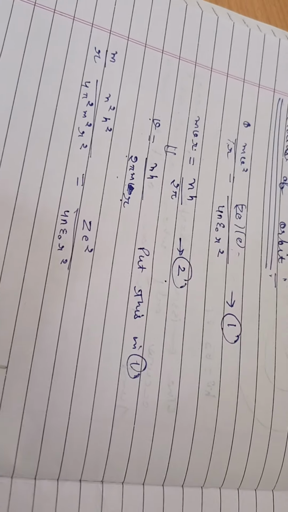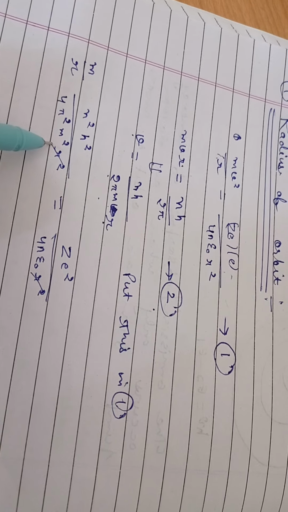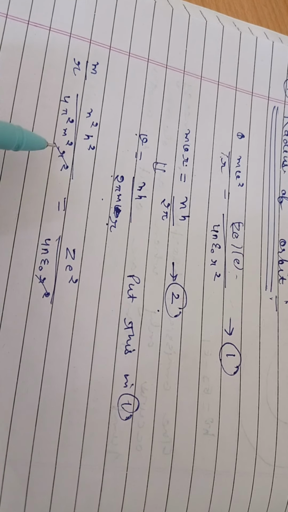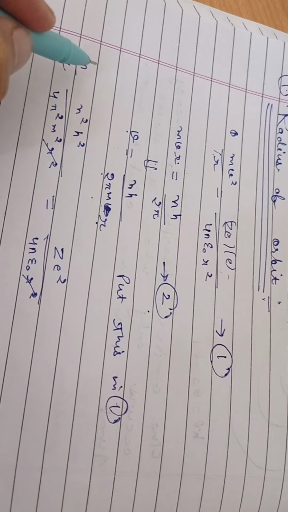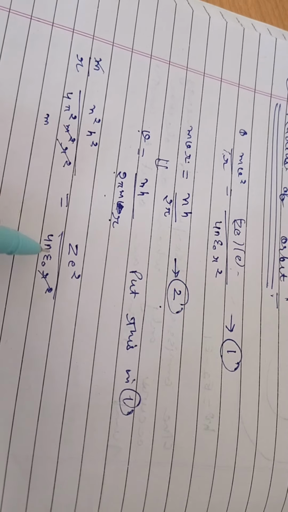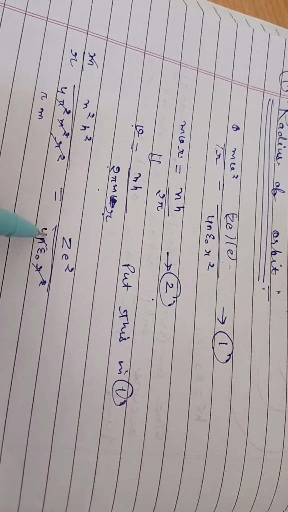Now cancel r square with r square. Here there is again another term which you can cut: m with m square gives m. Cut pi with pi square, there will be pi. 4 with 4.